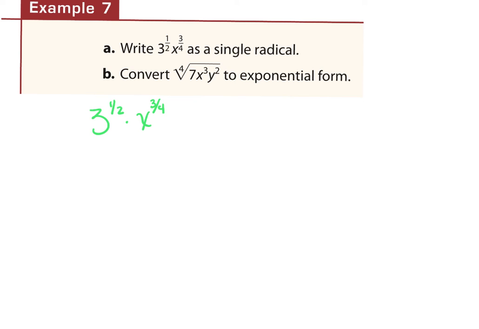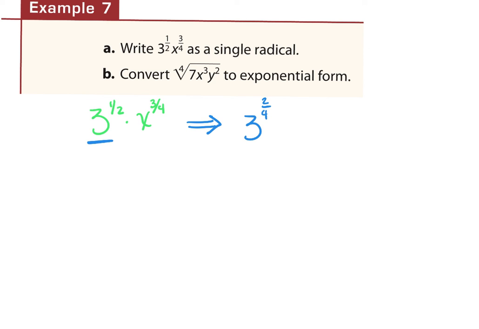Are the denominators the same here? They are not. How do I get them to be the same? I need a common denominator. What is my common denominator between those two? It's 4. So I need to rewrite this one to have a denominator of 4. 1/2, what's it going to be with a denominator of 4? 2/4.